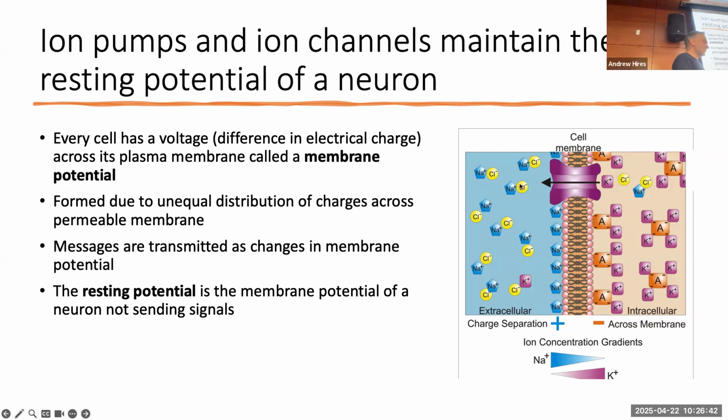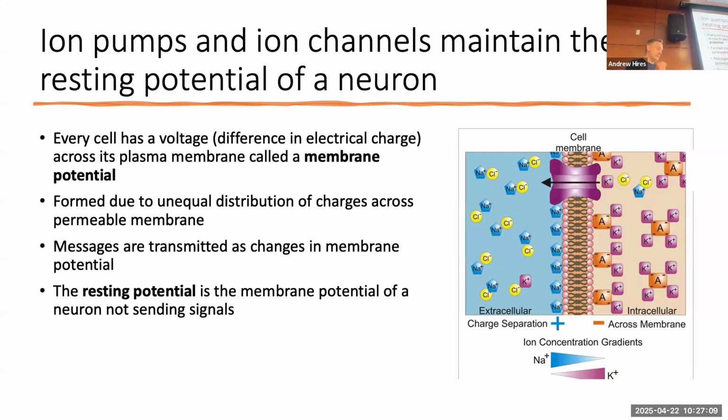And what would that tend to do? Opposites attract. Positively and negatively charged ions want to come together, right? So if you have the inside of a cell that's got some negatively charged anions, that's going to produce an electrical gradient between the inside and the outside of the cell that wants to pull some positively charged ions into the cell.